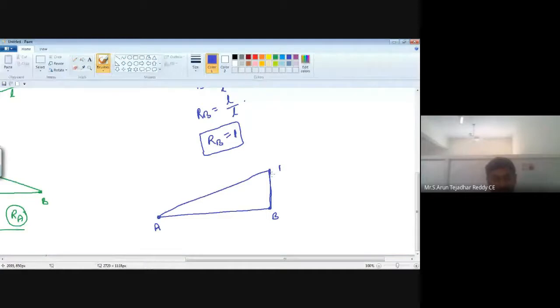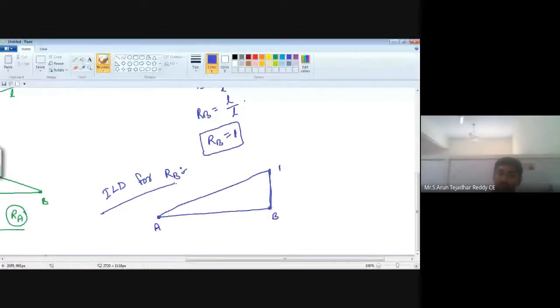This diagram is the ILD for RB. See, just now we calculated for RB. So you will get maximum value at B only.